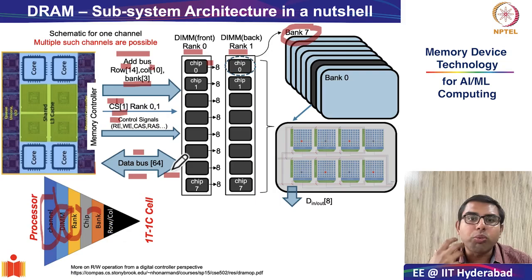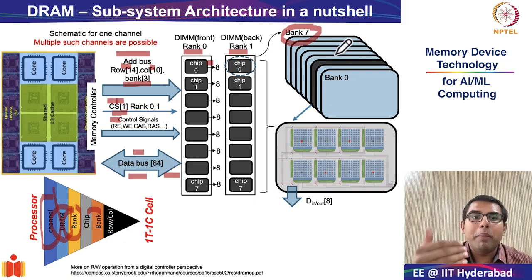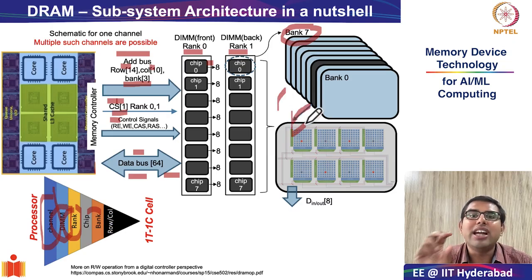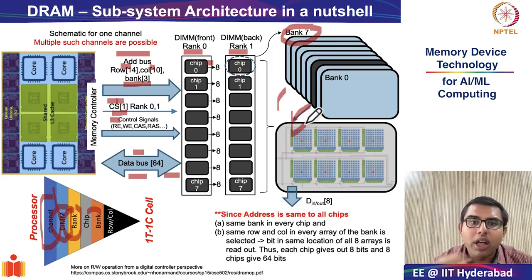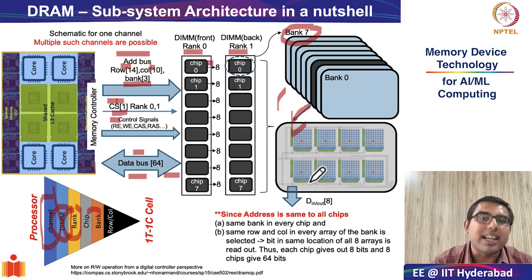Okay. Next, what we saw is the hierarchy below the bank. Below the bank, we saw that every bank consists of 8 individual memory arrays. And as we saw, in each memory array the same row and column address is selected. And therefore, from that very location, 8 bits are being extracted out of one bank, right?